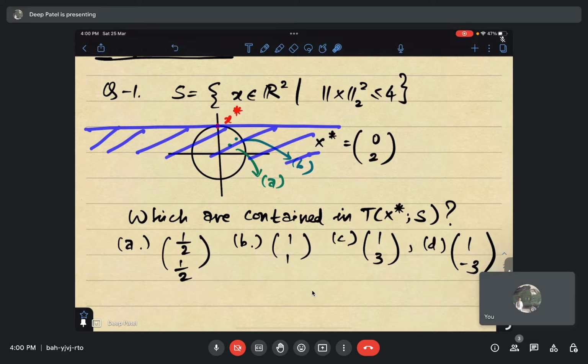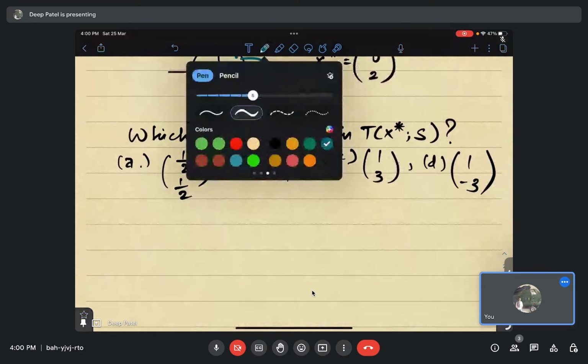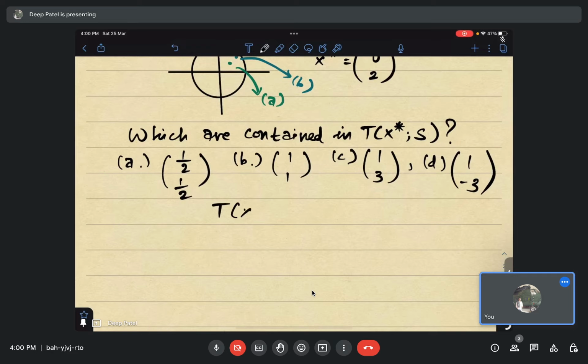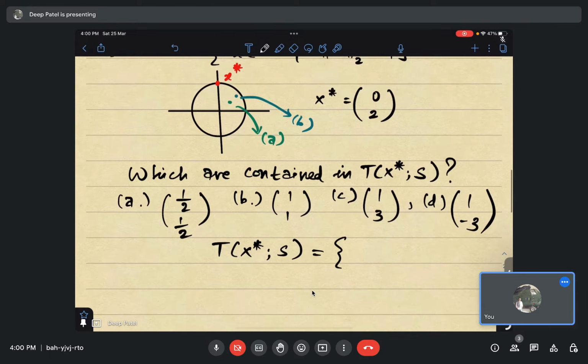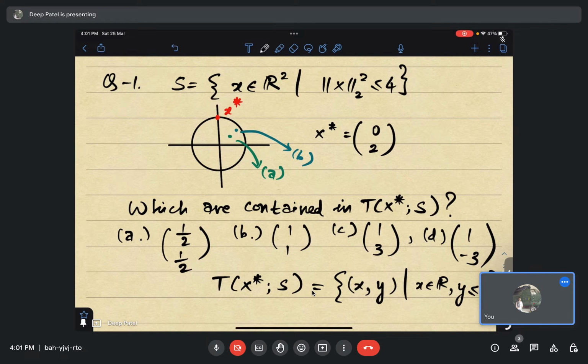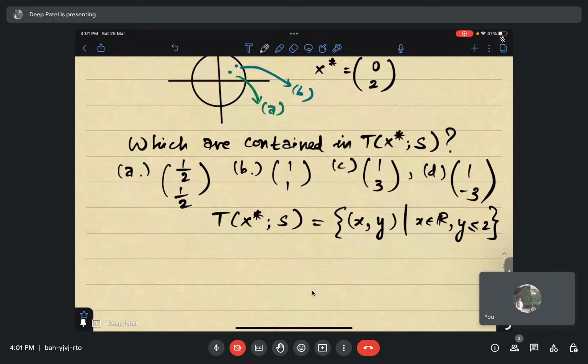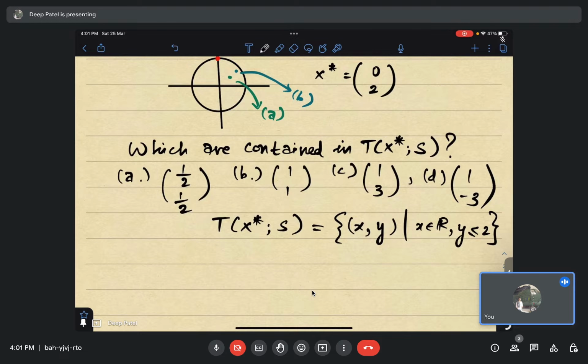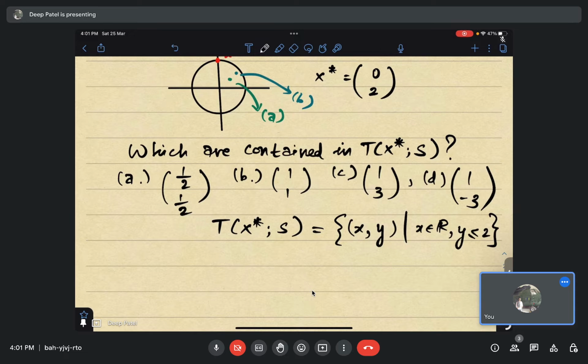So the tangent cone is a half space, and the gradient is x equal to 1. So y is less than or equal to 1. Is this fine? Yes, this is okay.